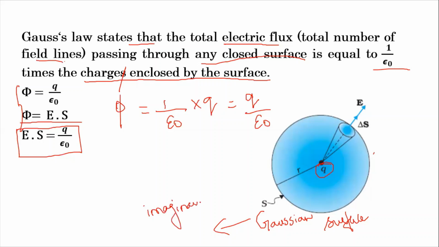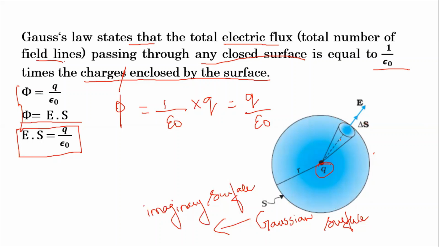It actually doesn't exist, but any shape which can enclose the charge and which can help us calculate the flux emerging from the charge can be taken as a Gaussian surface. The point where you calculate the electric field will be on the surface or away from the surface of this Gaussian surface.